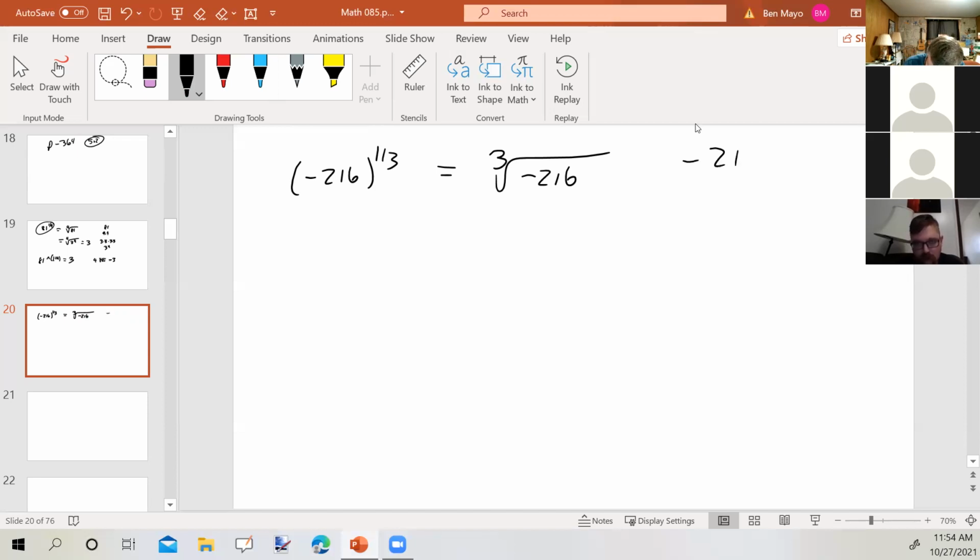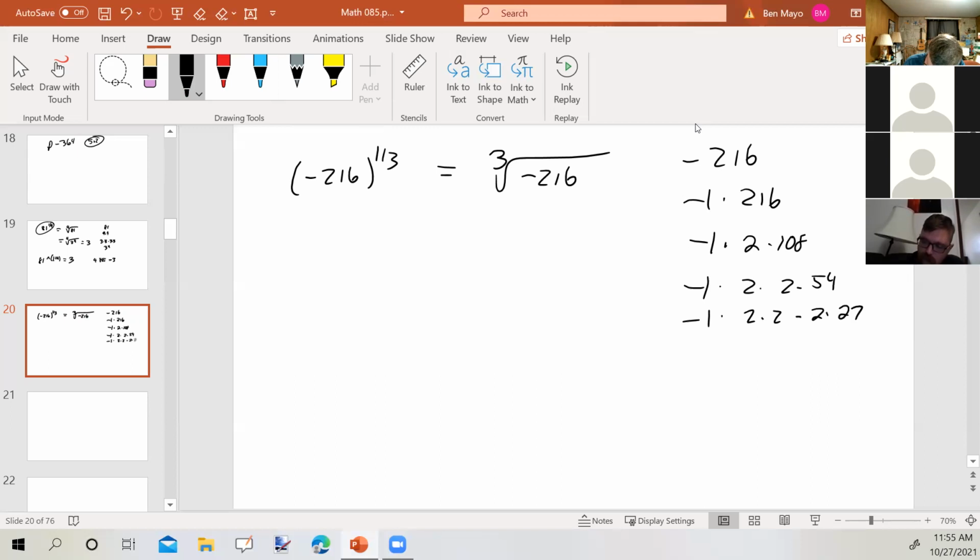So negative 216 is negative 1 times 216, is negative 1 times 2 times 108, negative 1 times 2 times 2 times 54, negative 1 times 2 times 2 times 2 times 27, negative 1 times 2 times 2 times 2 times 3 times 9. And this is getting crazy, I know. So what do we got? We got negative 1 times 2 cubed times 3 cubed.